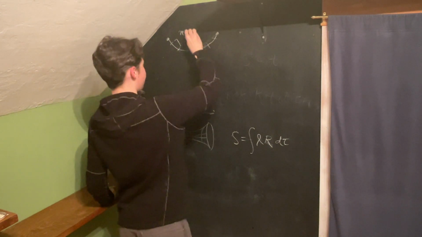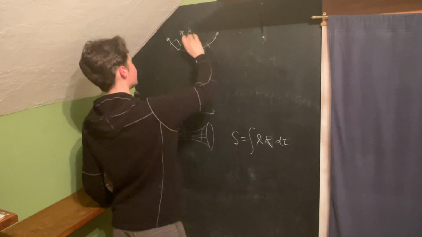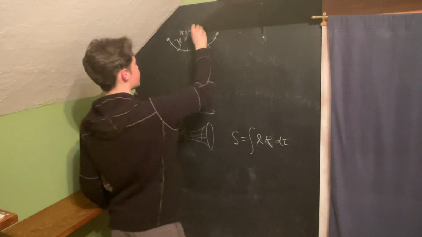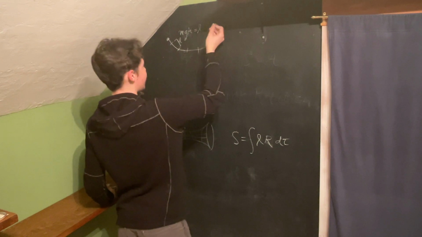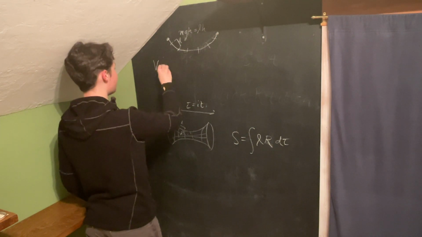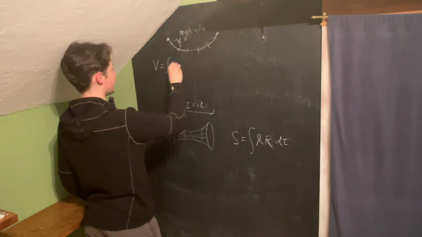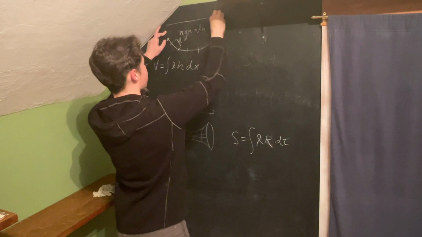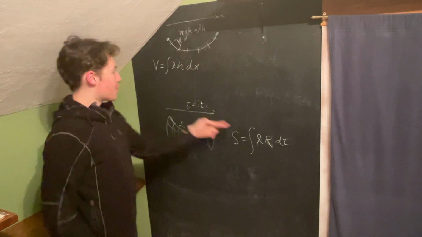Height is some function, gravity is a constant, and mass is proportional to the length here. So this is all going to wind up as length times height. And so the potential energy V will be an integral of length, height across x, which is my horizontal coordinate here. Now these look pretty similar.